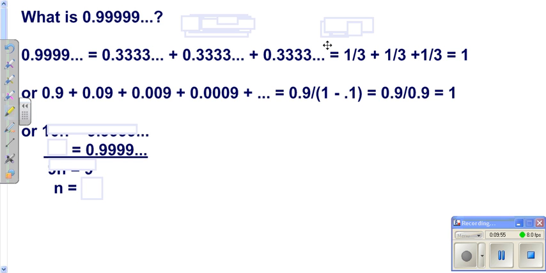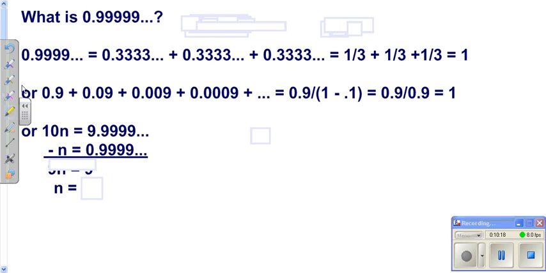You could also look at it like we did in the last slide, where you let n represent your number. You have one number being repeated, so let's multiply this side by 10 and multiply this side by 10. Multiplying by 10 on the right side moves your decimal point over one spot.